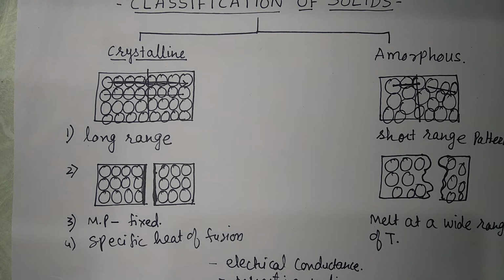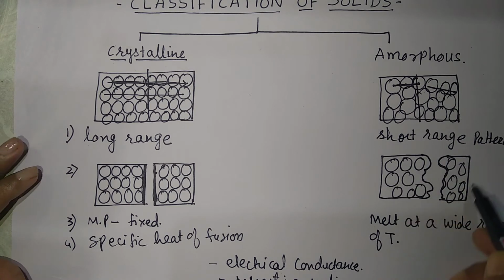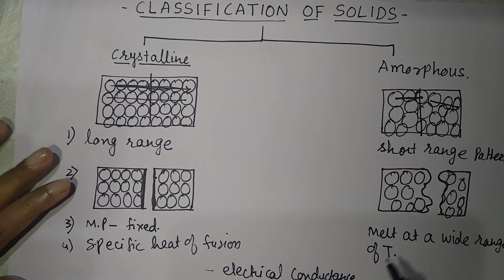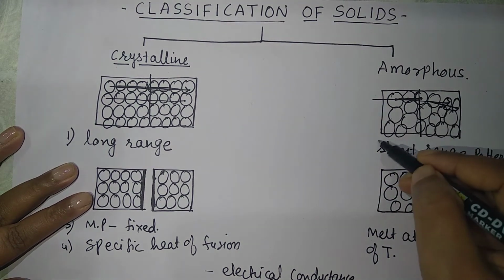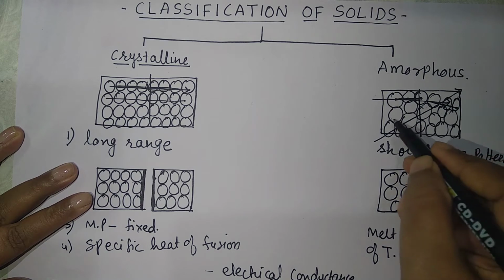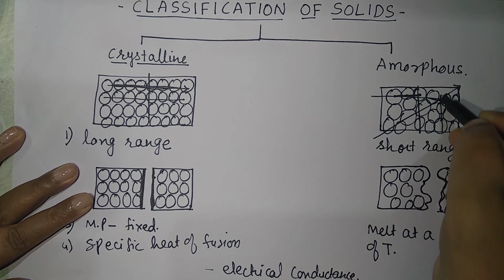Thermal expansion, etc. If I see them, they will be identical in all the directions because the arrangement is like this. If I see the electrical conductance through this direction or through this direction, it will be the same.